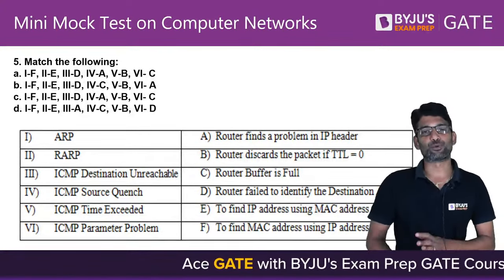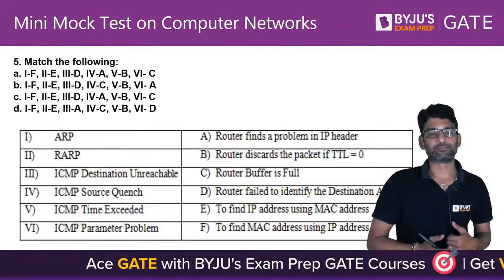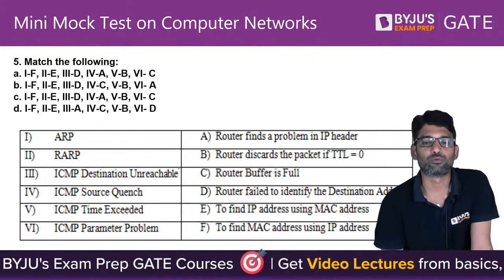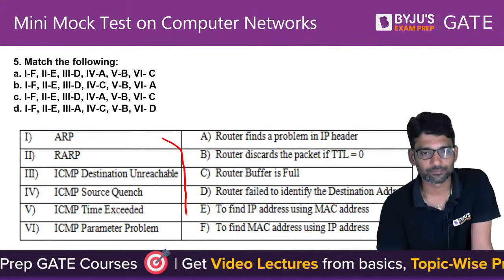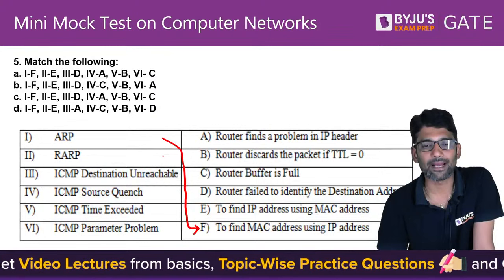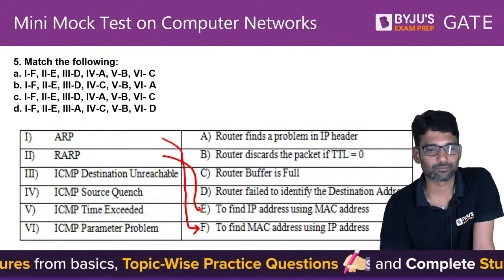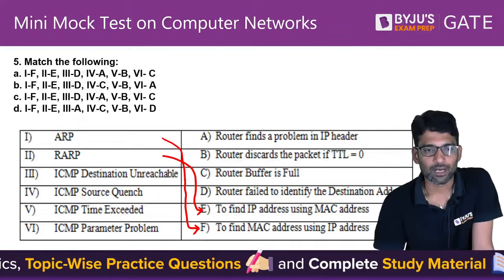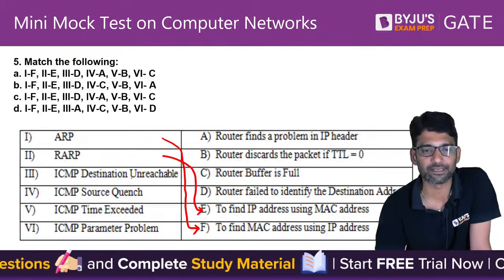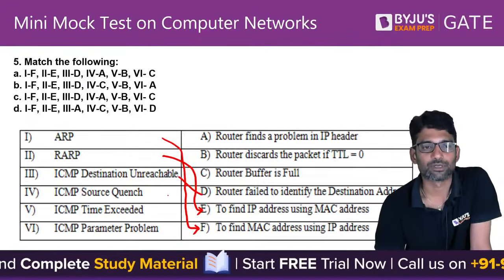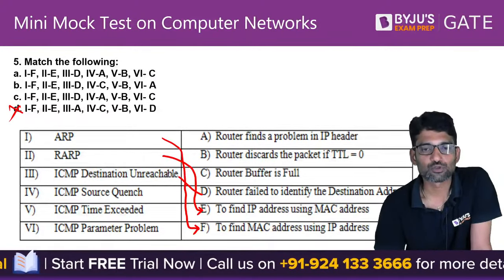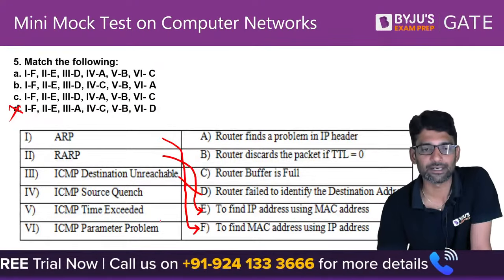Address resolution protocol is from IP to find MAC. Reverse address resolution protocol is from MAC to IP. So FE. ICMP destination unreachable: router failed to identify the destination address. So FED. Source quench, time exceeded, parameter problem.